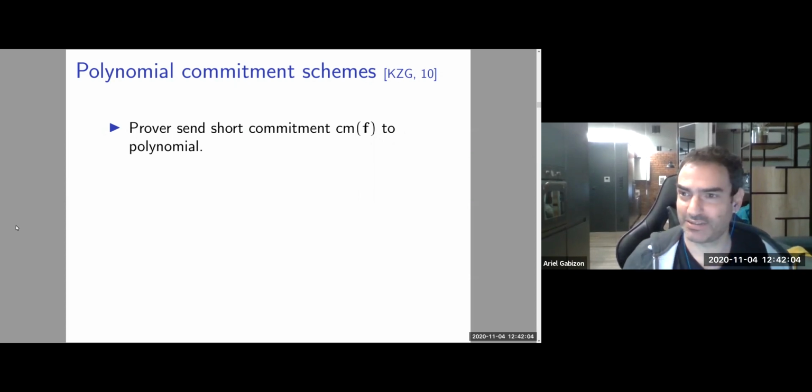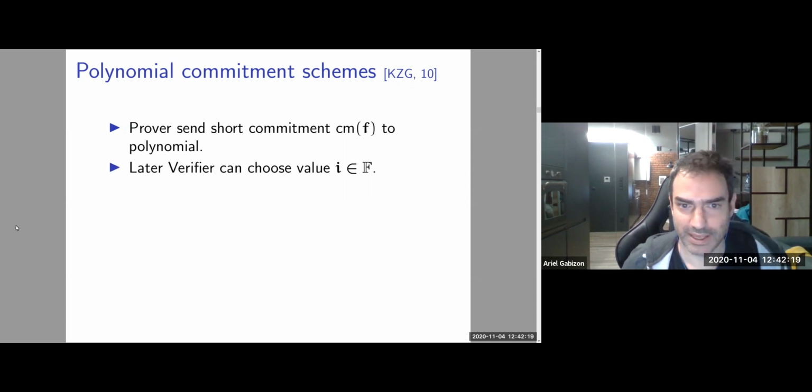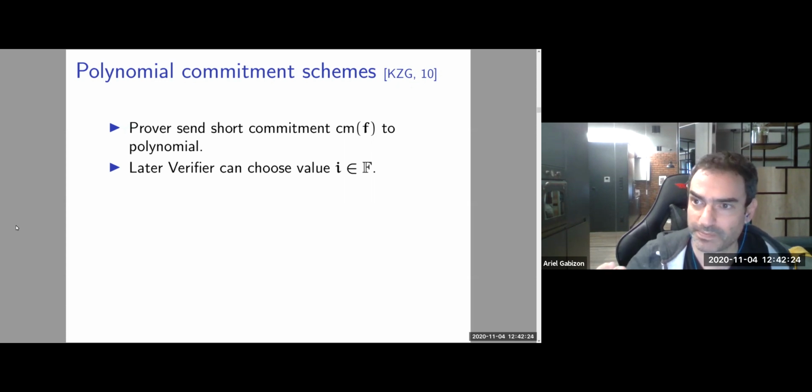So what's the idea of a polynomial commitment scheme? It's a scheme where a prover can send a short commitment to a polynomial. Then later, a verifier can choose some element in the field.